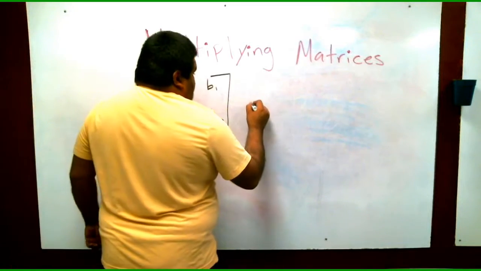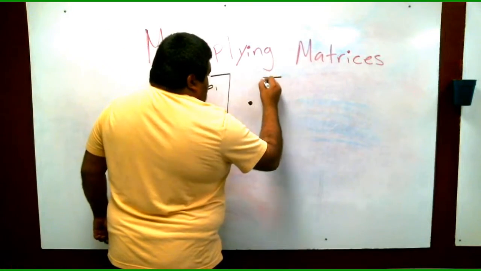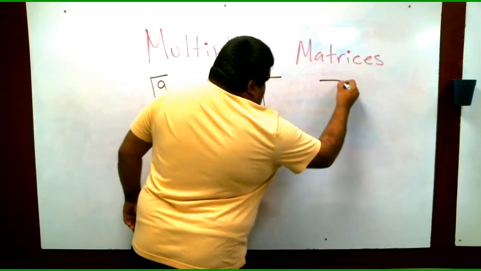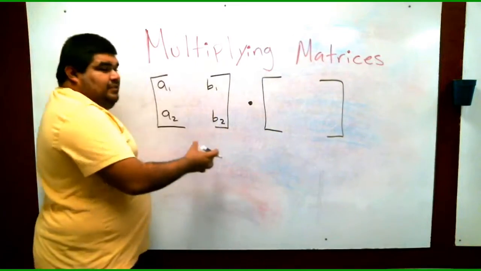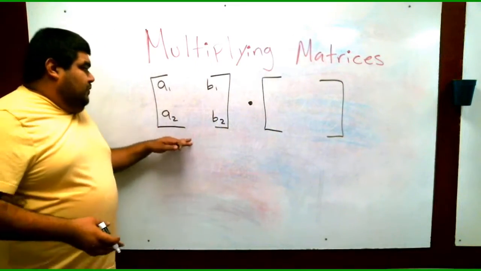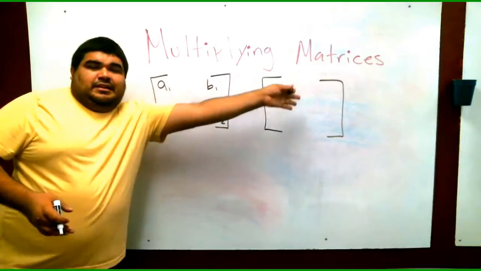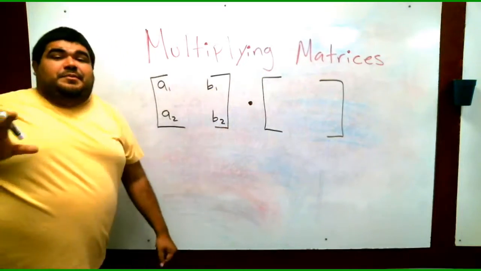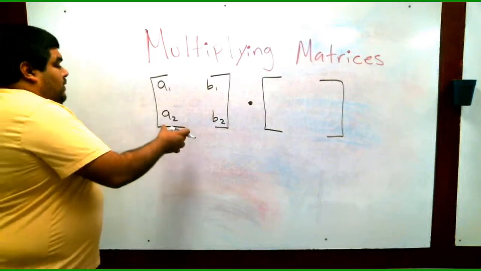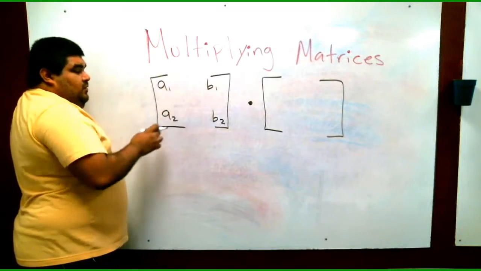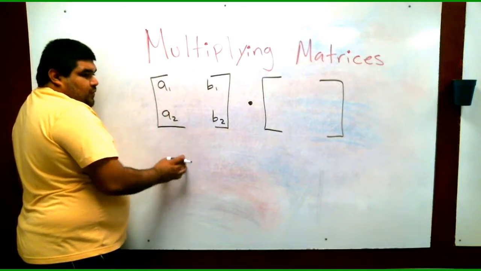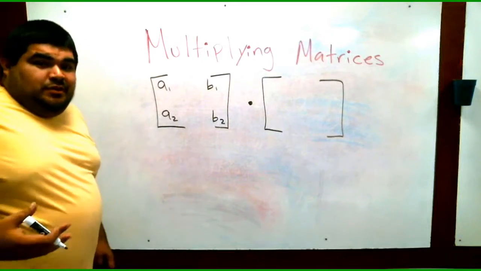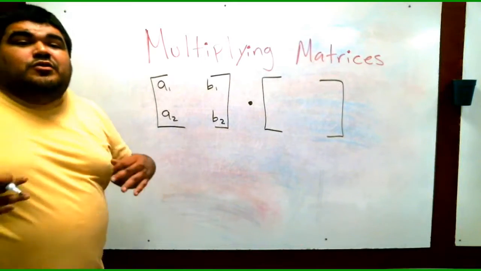Multiply it by another matrix. Obviously, they can be bigger. You could go up to the next one, C and then D, but I'm only going to go up to the very basic ones. The same with columns. You can go to A1, A2, A3, A4, and 5. Doesn't really matter. Like I said, I'm just doing a 2 by 2 for now.